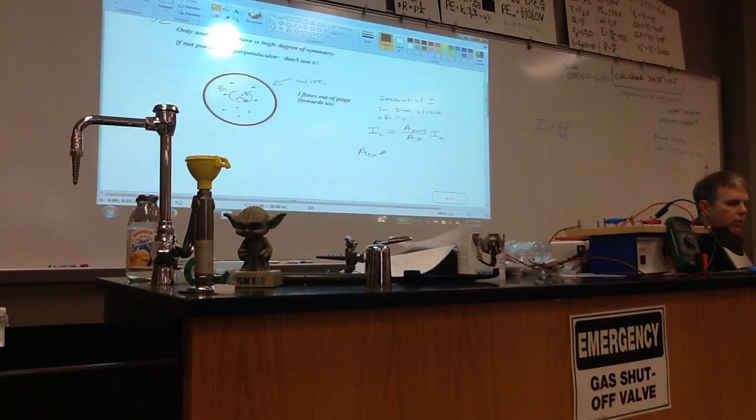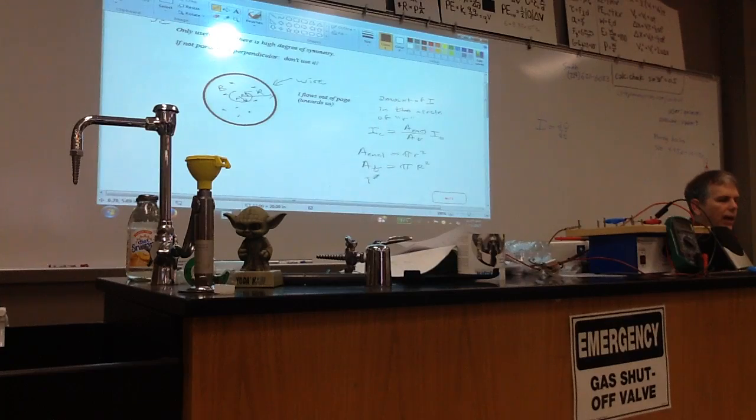A enclosed would equal pi little r squared. A total would equal pi, and we're going to call that big R for the total radius. Yes or no? Yes.